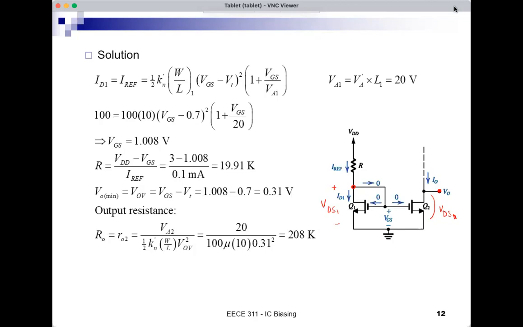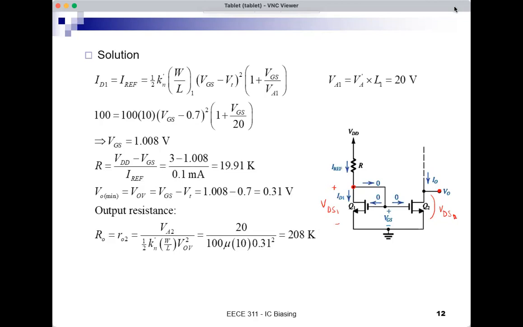But let's answer the third question to see, is it really close? Is the output current really close to being fixed, or does it vary a lot? So the third question would be, how much would IO vary if the voltage at the output node increases by 1 volt?